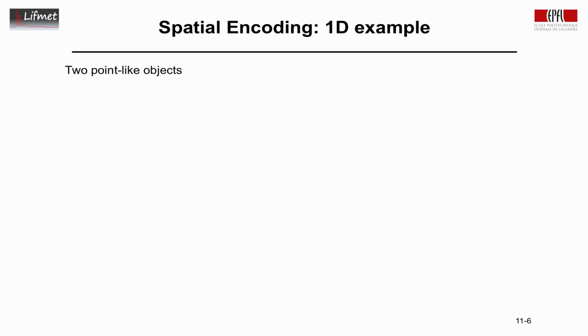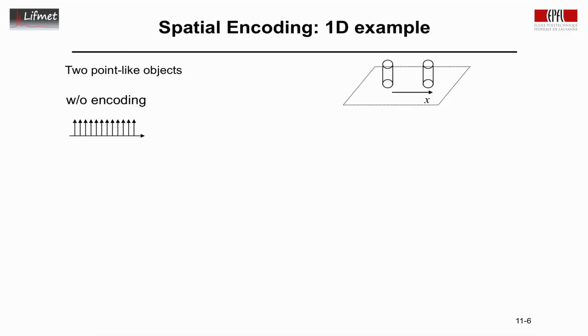First I want to come with a 1D example, and we'll take the example of two point-like objects. These could be capillaries, so they have very small dimension. We give the position along X here, and without encoding, the magnetic field, plotted here, is constant in position. We record a nice free induction decay, a decaying signal.